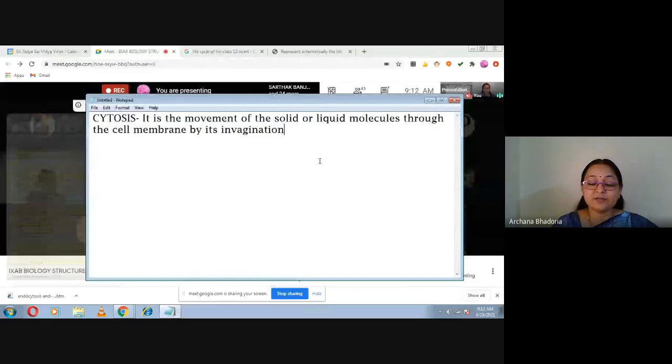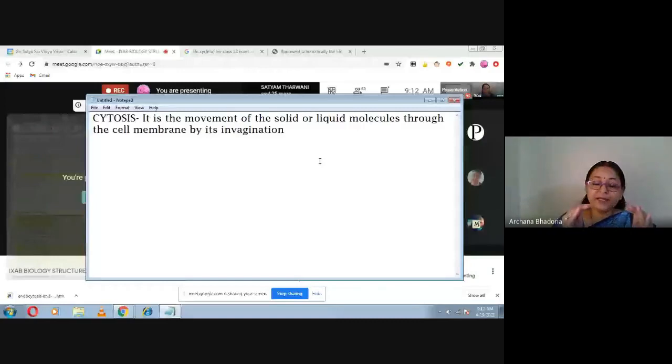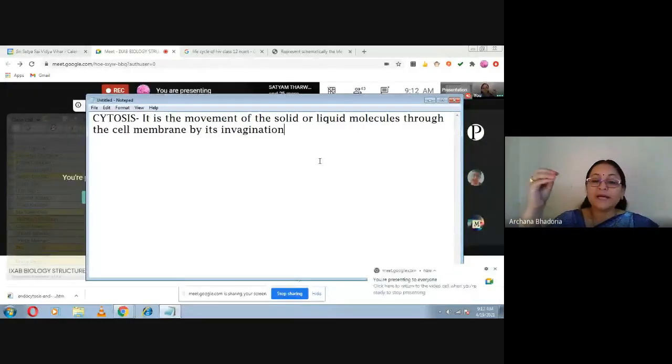Now I'll show you the picture also, but first try to understand. Cell membrane, you know, is made up of lipids and proteins. Suppose outside some solid particle is there. That solid particle will come near the cell membrane.